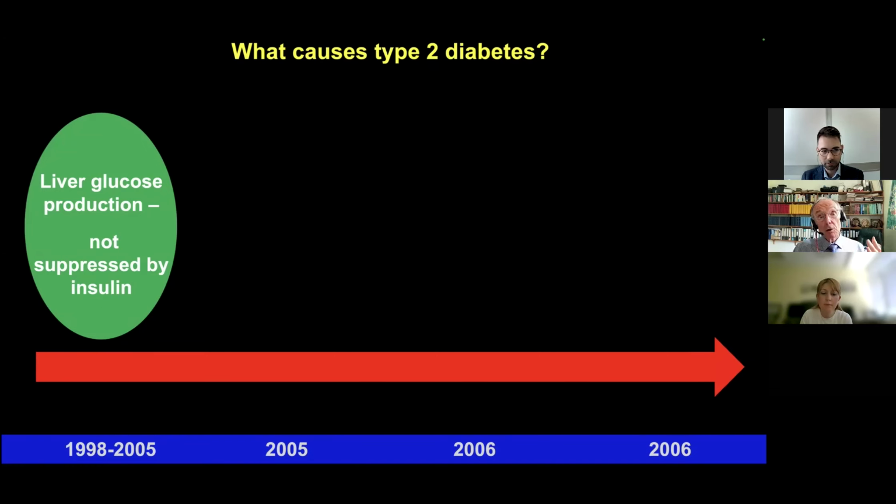Hepatic glucose output was determining fasting plasma glucose. And the liver fat content absolutely determined the degree of sensitivity of the liver to insulin. So liver fat was really important. And high liver fat, well, there was liver insulin resistance.